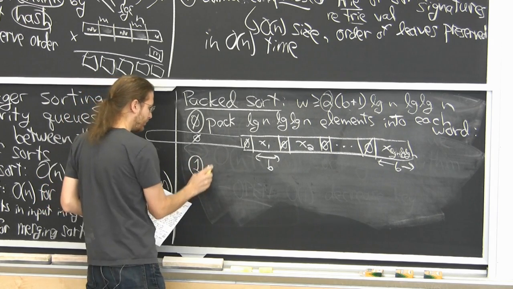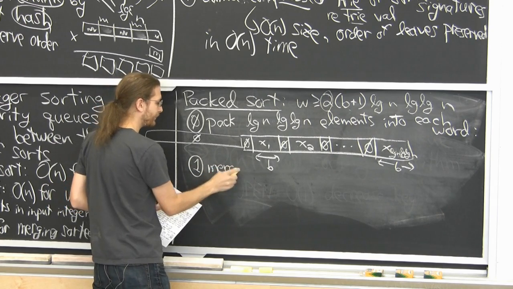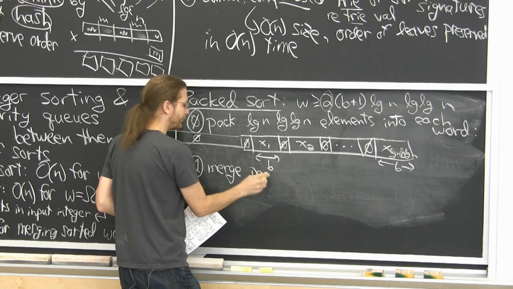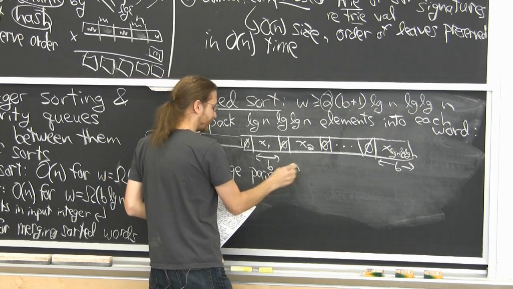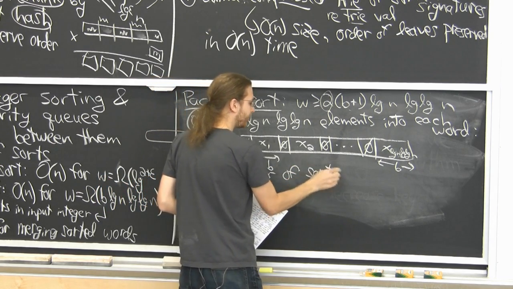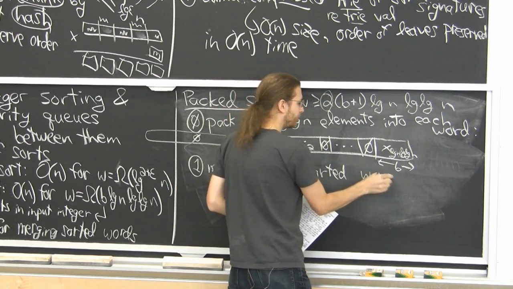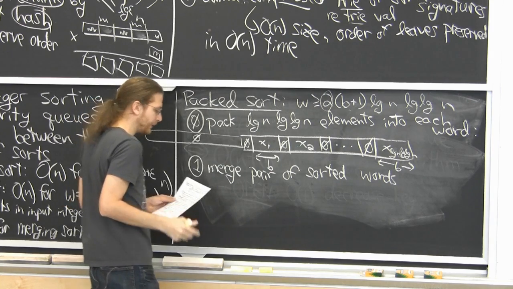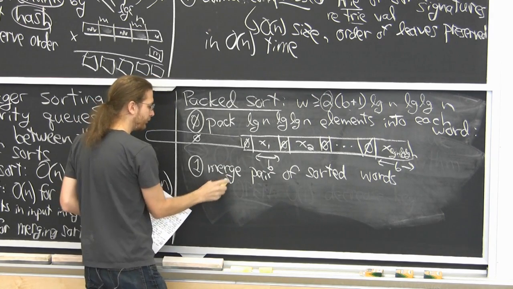Next step, this is an algorithm. It's not really a step, I should say. These are things that we're able to do, and we're going to combine them in different ways. So the next thing to observe, this is a sort of bottom-up perspective. First thing we can do is pack things into a word. Next thing we can do is merge two sorted words.